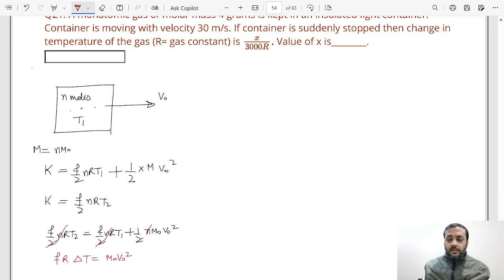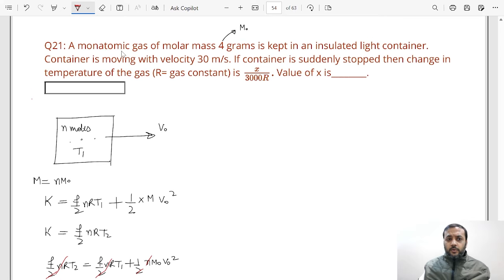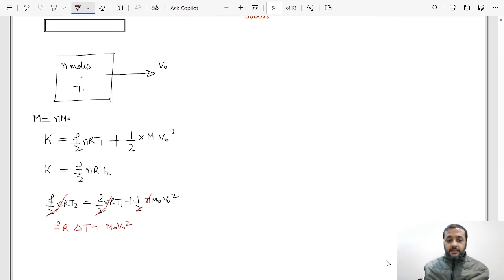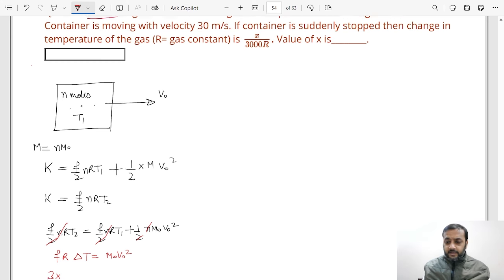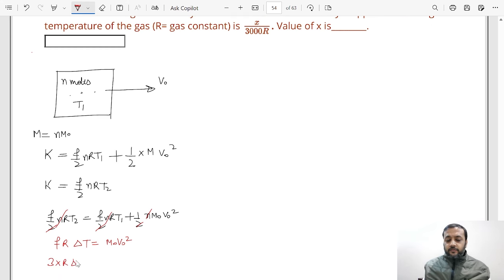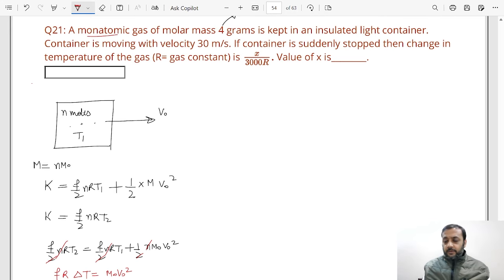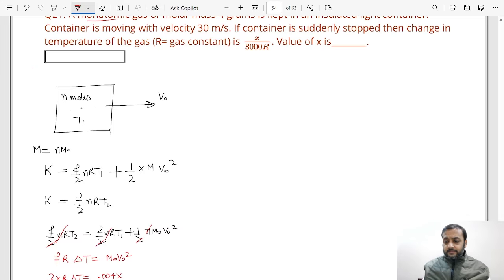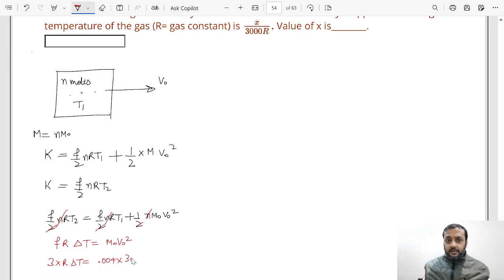Now, this was a monatomic gas, so the number of degrees of freedom is 3. R we can take as it is. Delta T we have to find. M naught is the molar mass, which is 0.004 kilogram, because 4 grams. And v naught was 30, so you write this as 30 into 30.